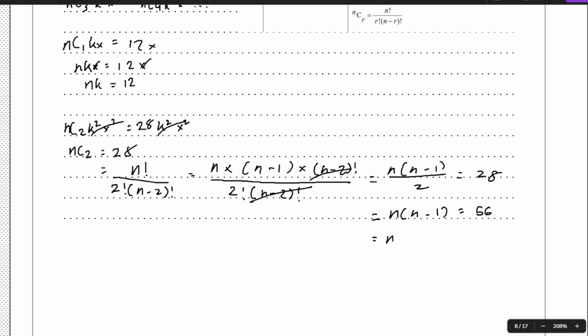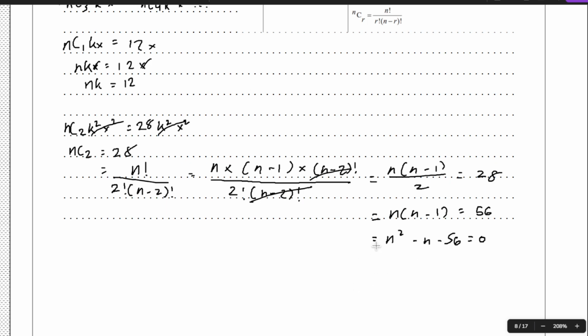Then we just expand it. Maybe it's better to do it here. n² minus n minus 56 equals 0, so I move that to the other side. From here, we just try to find the factors of 56 that when summed would give us the middle value, minus 1.